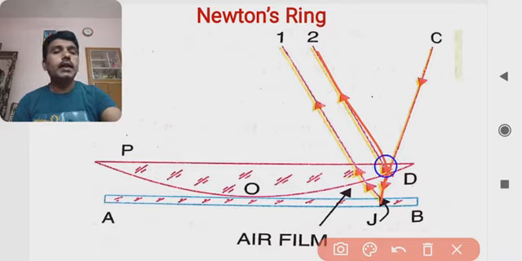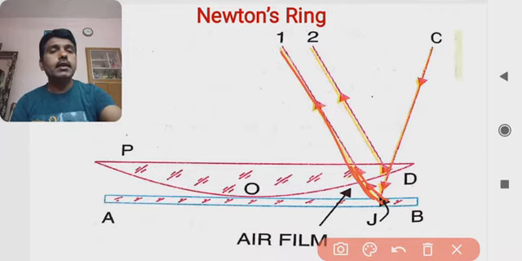Some amount of the light gets reflected, and that is given by ray number 2, and some amount of the light gets refracted, and this refracted ray goes downward. But going downward, at point J there is a plain glass plate, and due to this plain glass plate, reflection takes place again at point J. This reflected ray is given as ray number 1.